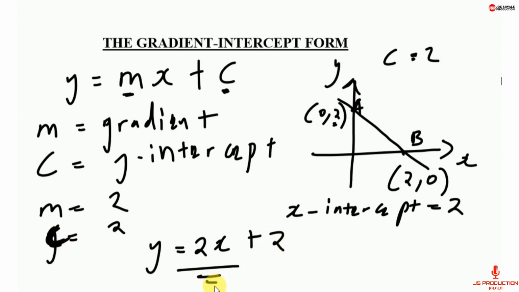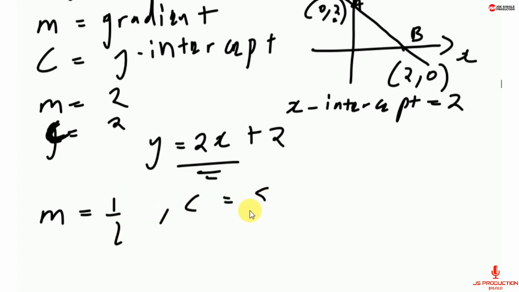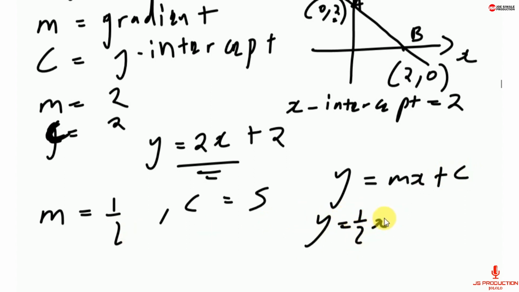So this will be your equation of straight line. Another example: if you have been given the gradient is equal to half and the y-intercept as 5, and you have been told to find the equation of this straight line, we're going to say y is equal to mx plus c. So y will be equal to 1 over 2x, since the gradient is half, plus c, that's 5.